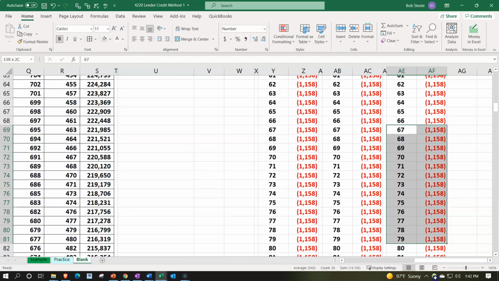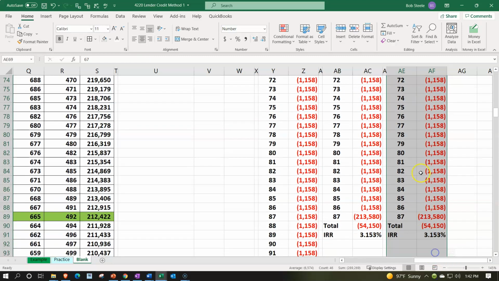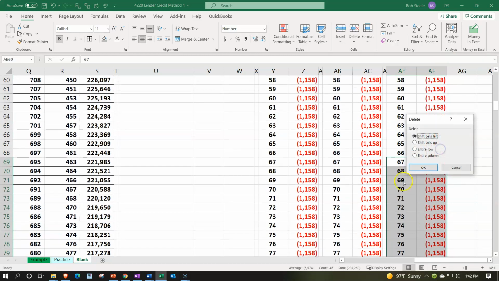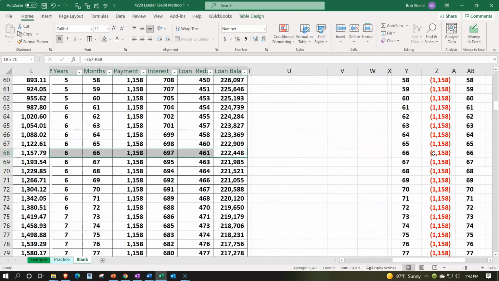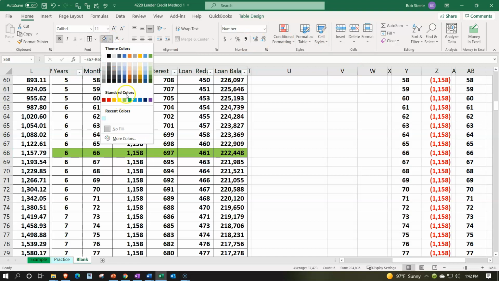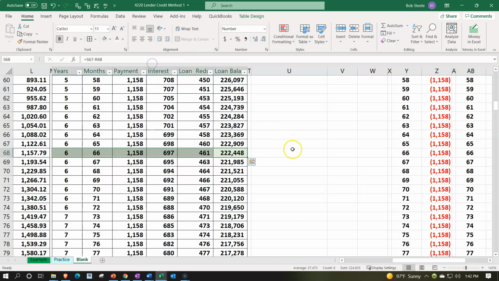Stop it right there. Right click, delete, and then shift up. And so this last one is where I'm going to stop this time, which is right here on my loan. Make that a light green maybe.